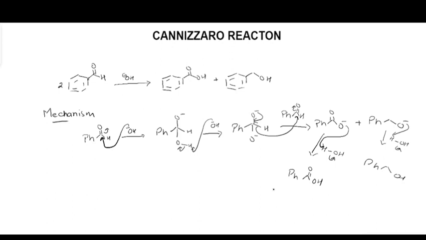And that is why we call it a disproportionation reaction, which happens in the presence of a base. As I told you earlier, the prerequisite is the absence of an alpha hydrogen. If alpha hydrogens are present, enolates will be formed, and the most probable outcome of that reaction would be an aldol product.